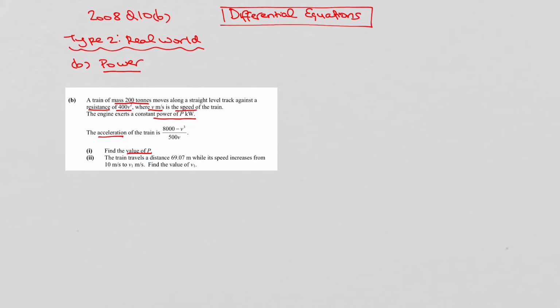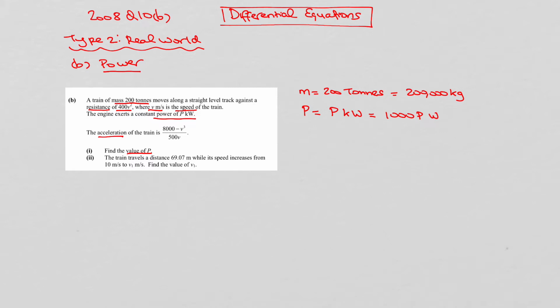So we know that the mass is 200 tonnes, and therefore that's 200,000 kilograms. In other words, there's 1,000 kilograms in a tonne. We have P as our power, and that's P in kilowatts, so that's basically going to be 1,000 P in watts.